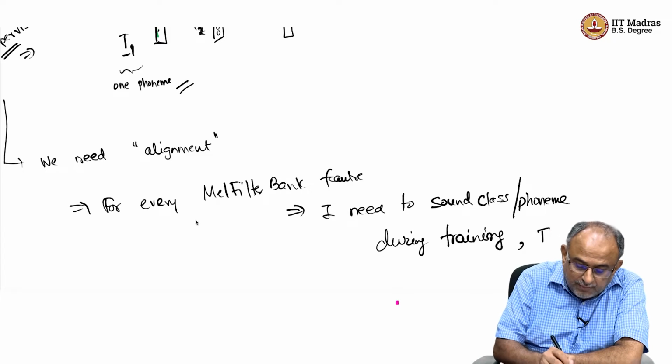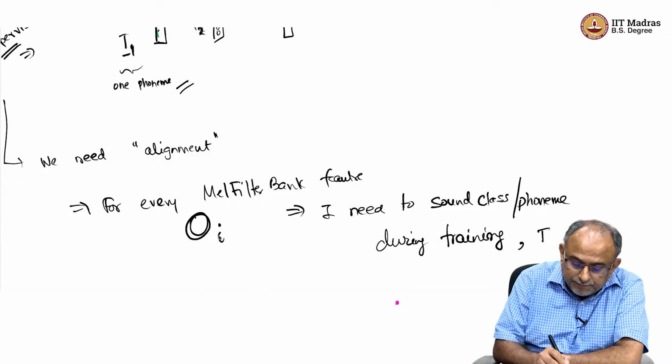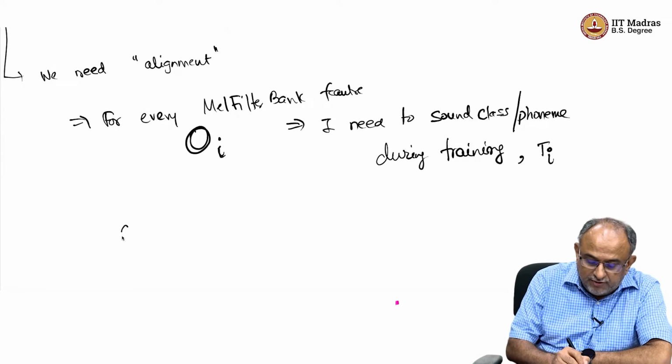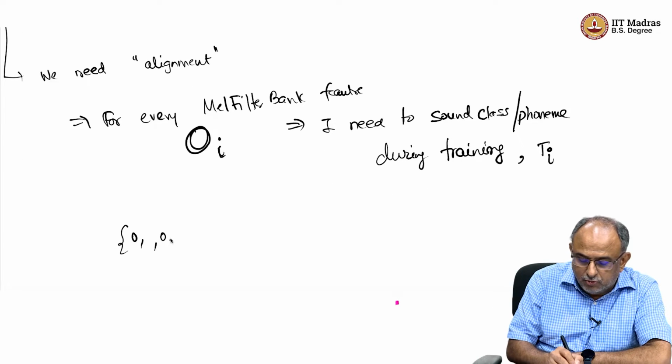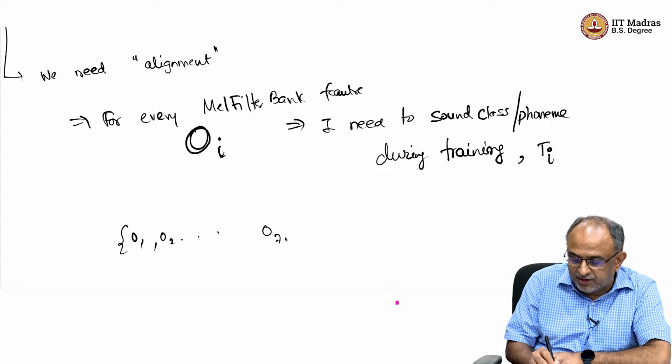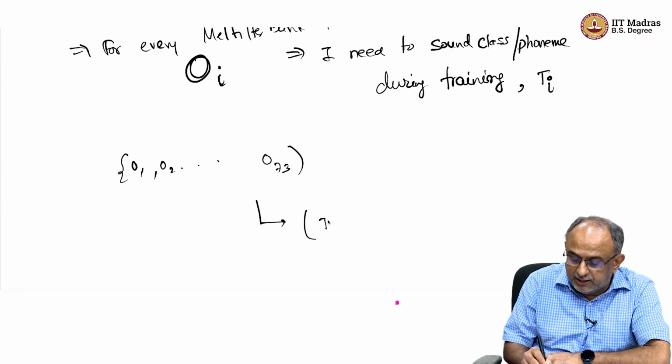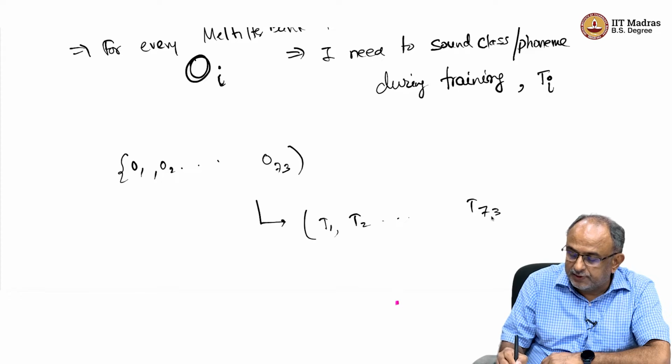So, for every MEL filter bank Oi I need to know the corresponding Ti. So, if I have O1, O2, let us say O73, I need to know while training the corresponding T1, T2 all the way up to T73.